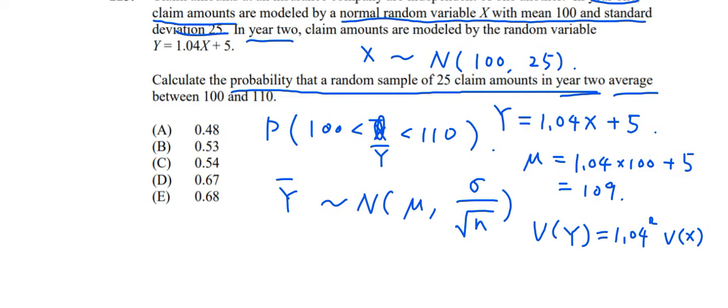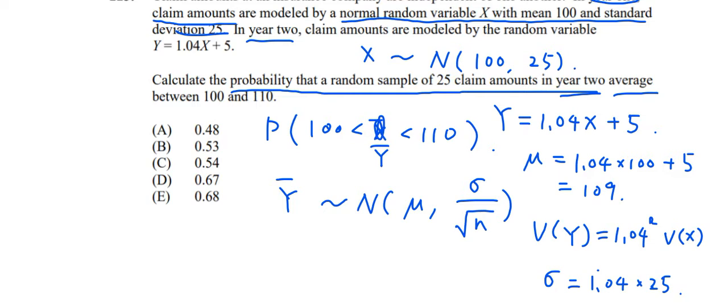This Vx variance, let's see, the standard deviation is 25. So we find this sigma for y equals 1.04 times 25.